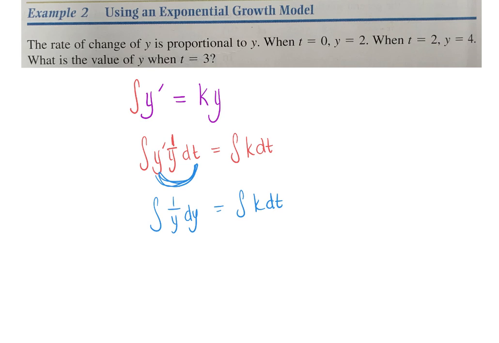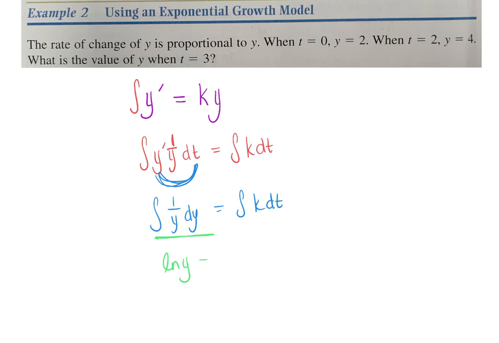All right. On this side, I have something to the first power in the denominator. What's the antiderivative of 1 over x or 1 over y, or 1 over anything to the first power? The natural log, right? ln of y. That's what I'm going to get over here.